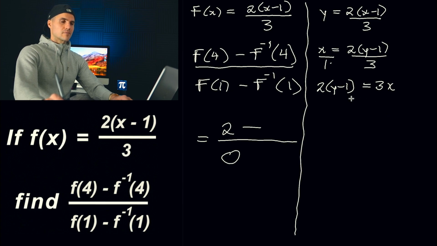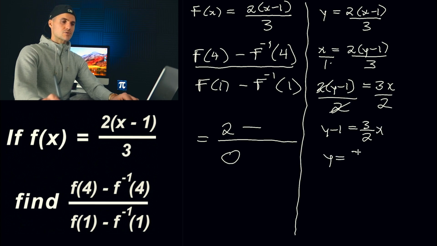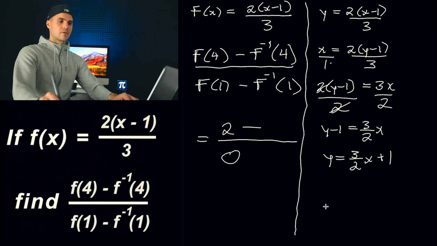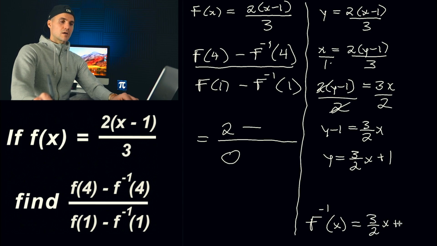A couple of things you could do here. You could distribute the 2 inside the bracket, or you could just bring it over right away. I'm just going to bring it over right away. So we have y minus 1 equals 3 over 2 times x. Bring the negative 1 over, so we have y equals 3 over 2 times x plus 1. So the inverse function of the function that was given is 3 over 2 x plus 1.